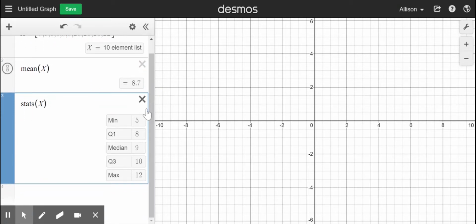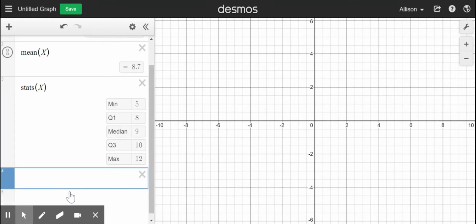The next thing that we can calculate, if you click below the 5-number summary, is the standard deviation. Now remember, standard deviation talks about the variability of our data. A really large standard deviation means that our data is really spread out. A smaller standard deviation means that our data is really close together and it's right by the mean and the median.